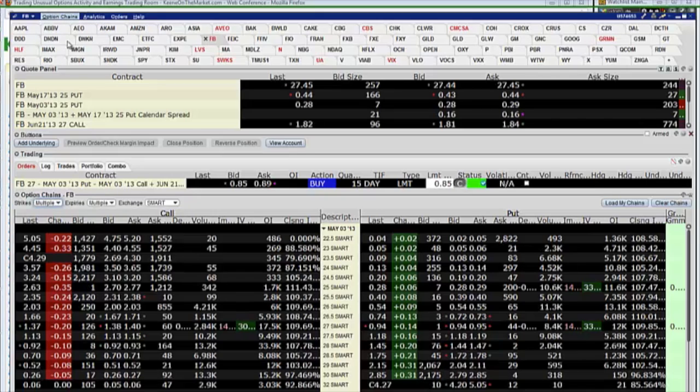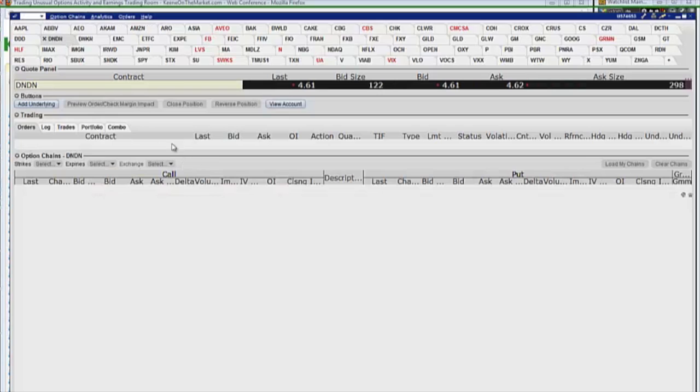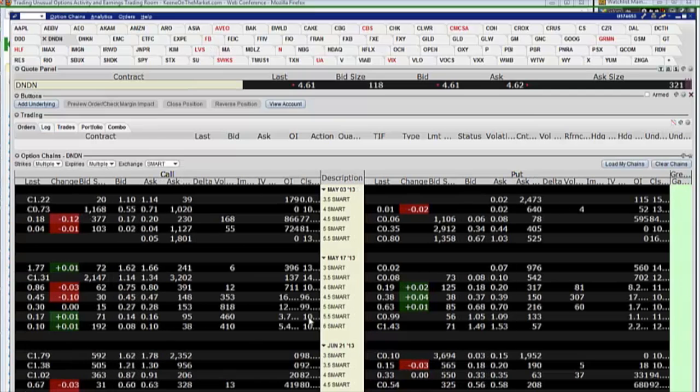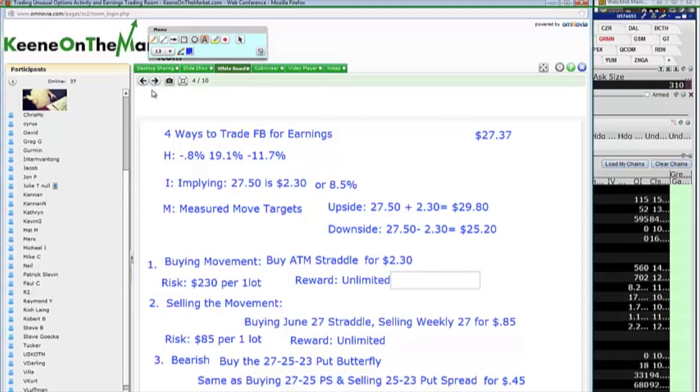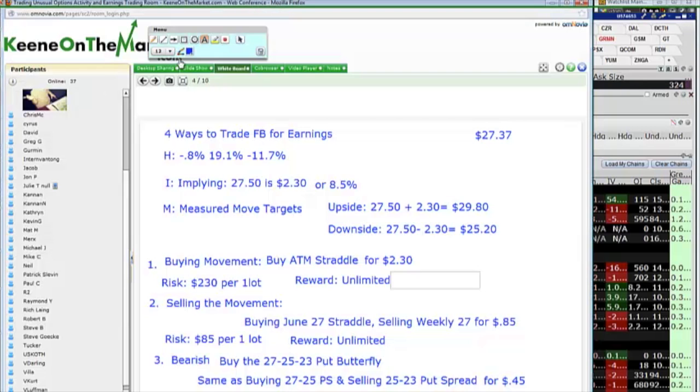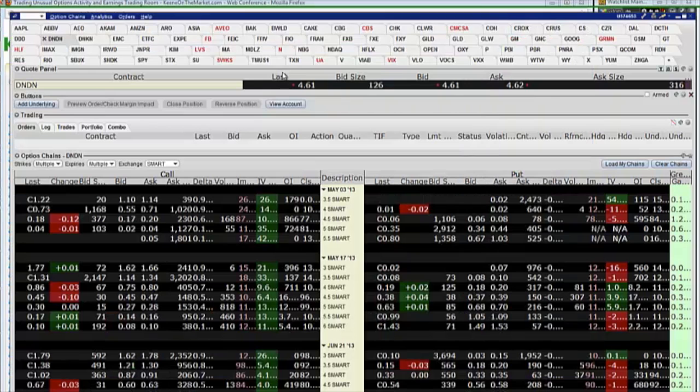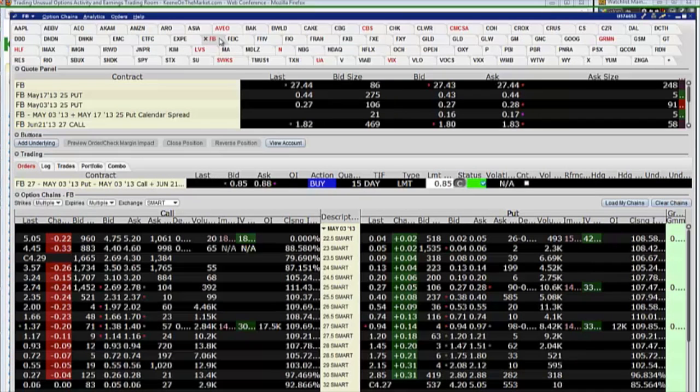Option chain, option spread. Oh, Dendron just popped up. So Facebook, I would want to get this thing for like 35 cents.